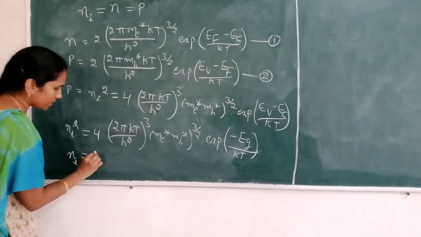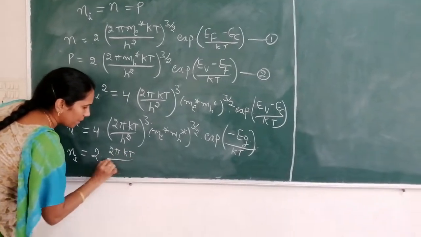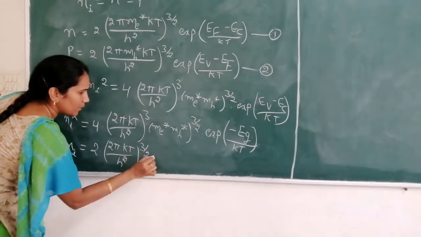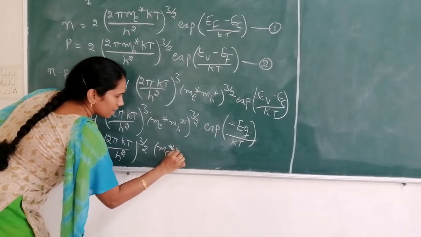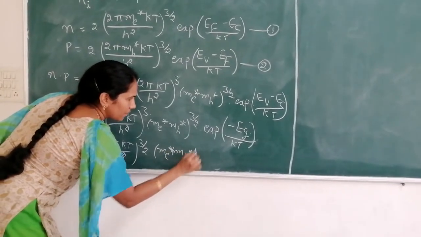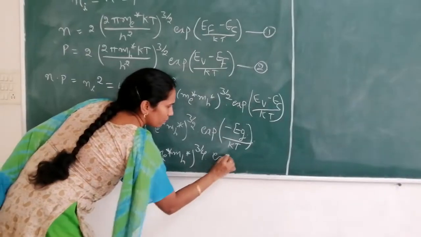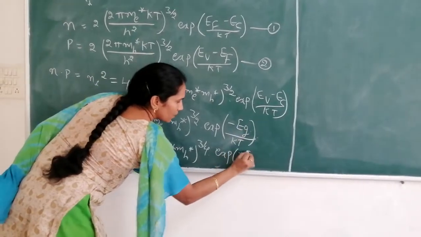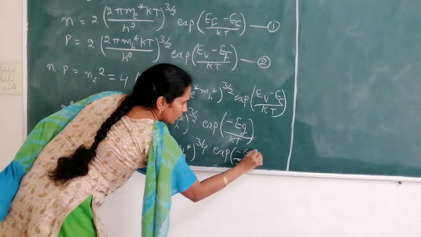The root of 4 becomes 2 into (2 pi kT by h square) whole power 3 by 2 into (Me star Mh star) whole power 3 by 4 into exponential of minus Eg by kT whole power 1 by 2, which we can write as exponential of minus Eg divided by 2kT.